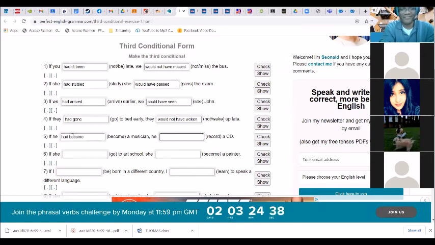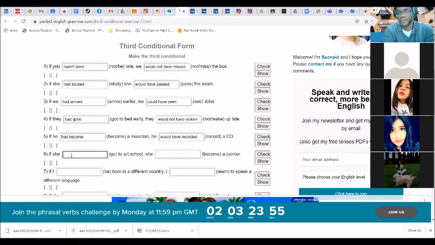Become a musician, he would have recorded. Regular verb needs ed endings. All right, one more time, Aurora. If he had become a musician, he could have recorded a CD. All right, number 6 goes to Carolina.